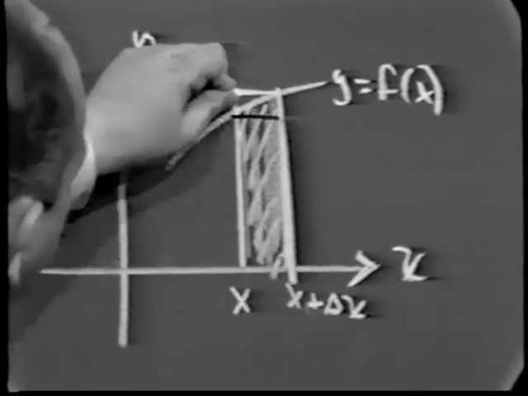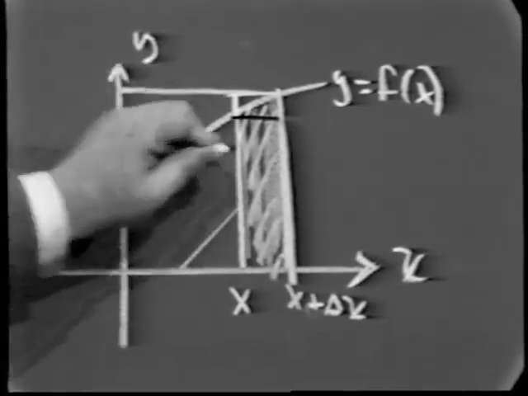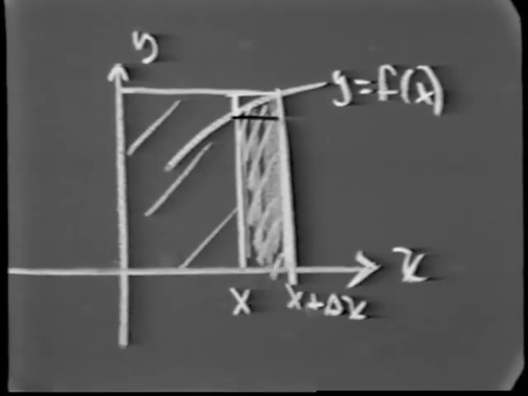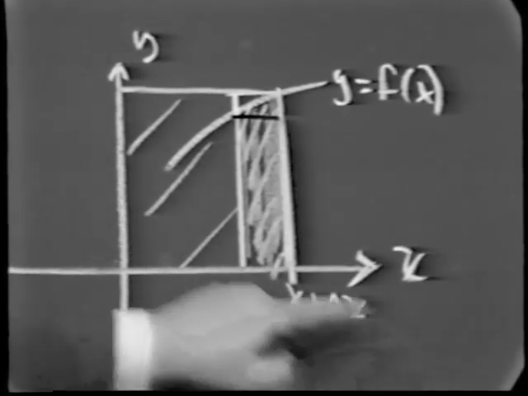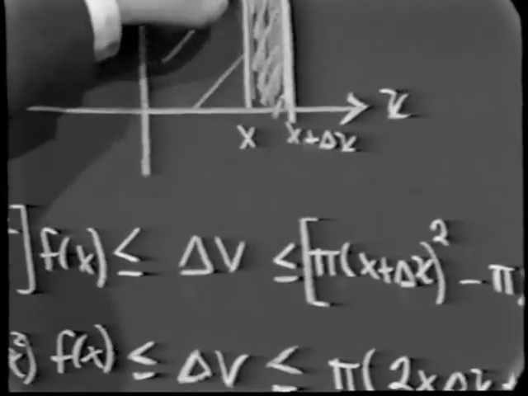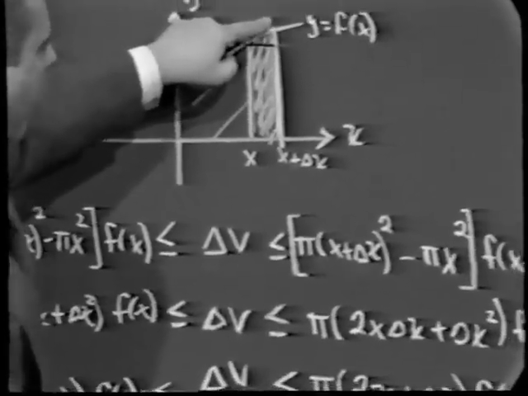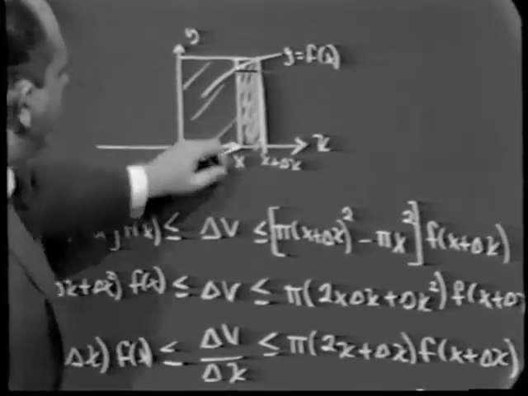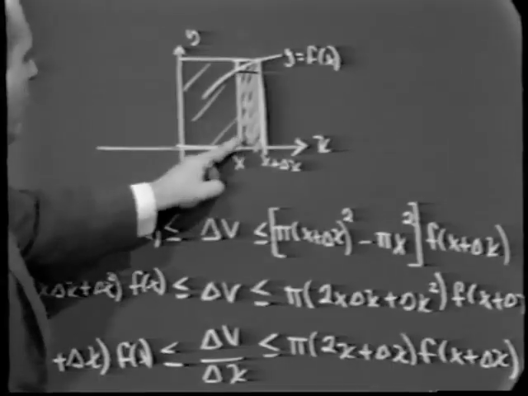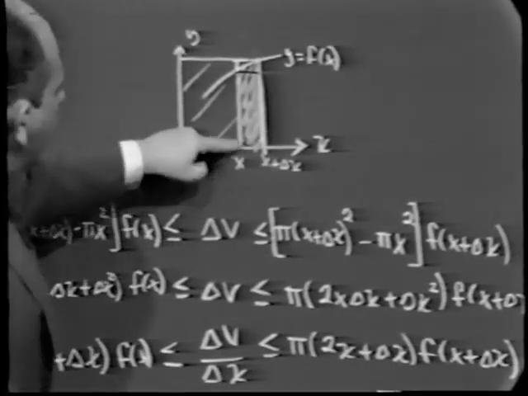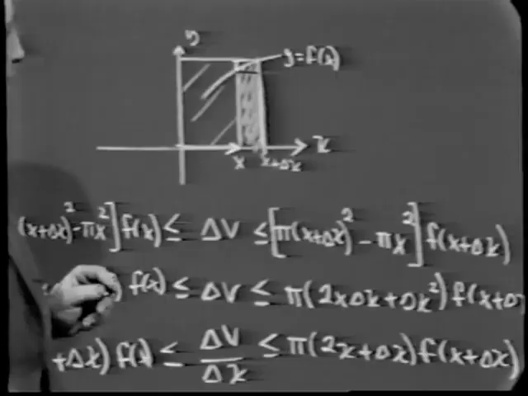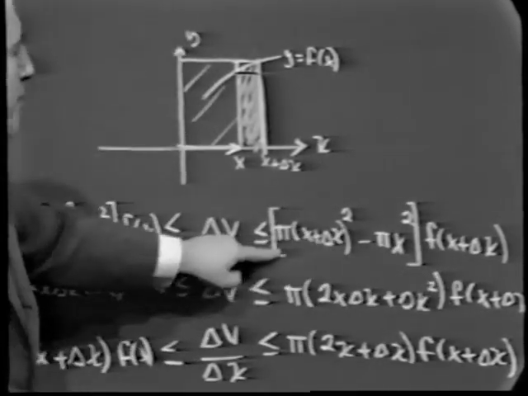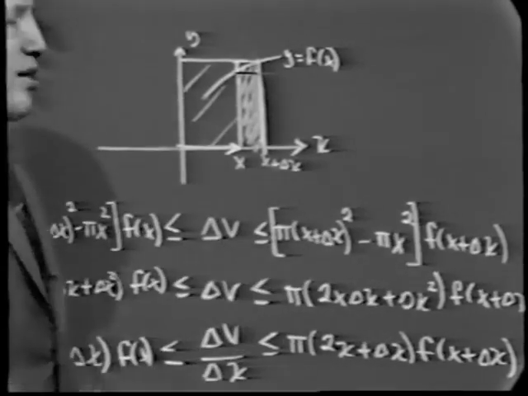This cylinder minus this cylinder, the volume of the big cylinder is pi times x plus delta x squared times the height here, which is f of x plus delta x. And the volume of the hollow part from here to here is what? It's pi x squared, that's the radius of the base, times the height, which is still f of x plus delta x. In other words, delta v is bounded above by this volume.